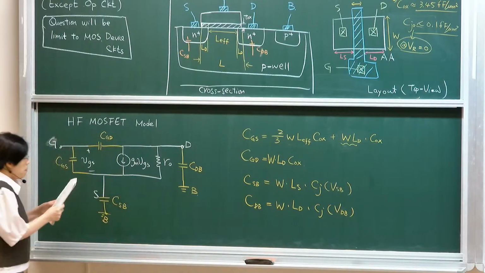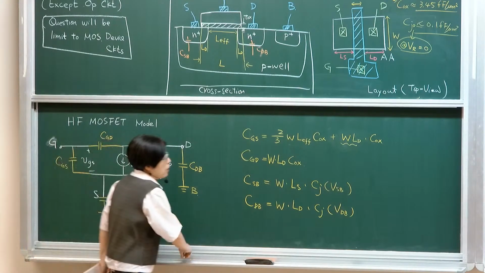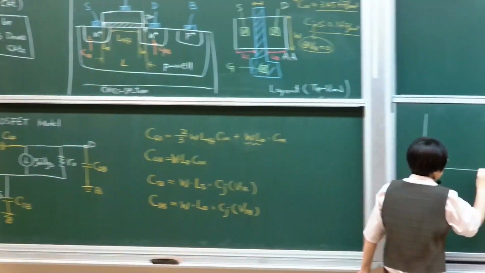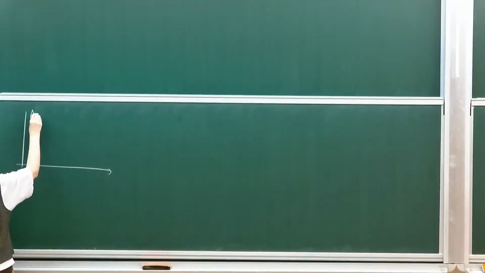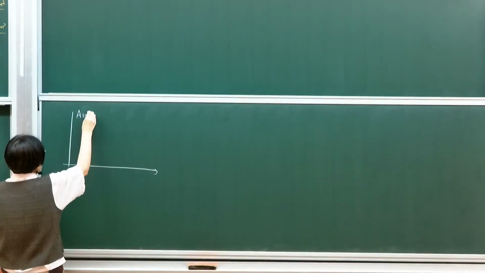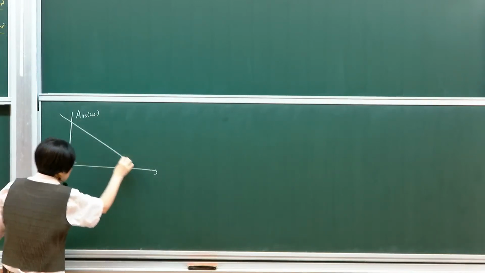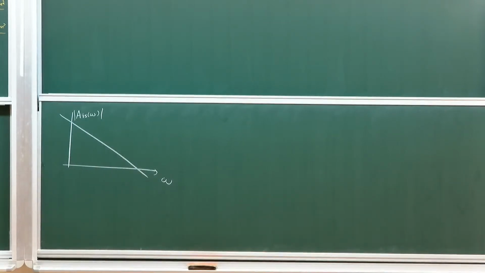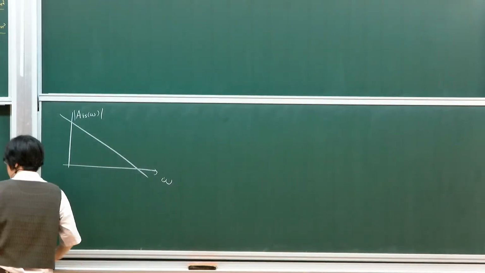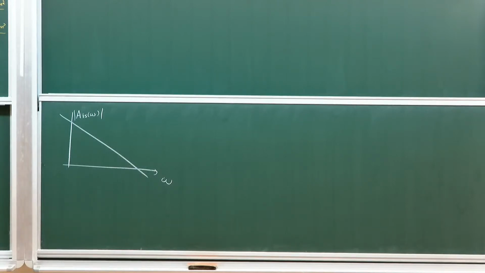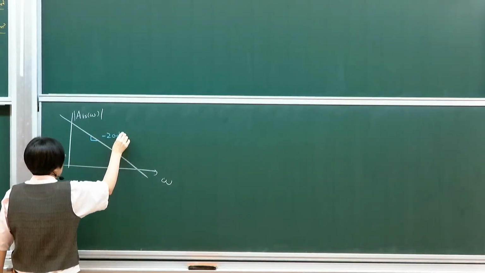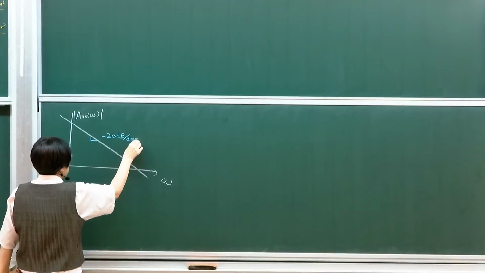Okay? So then we have already discussed this. I'm just going to quickly go through that. So when we look at the short circuit current gain of a MOSFET, what we get is that you actually see a pole at 0 frequency. Therefore, there's a drop of minus 20 dB per decade.